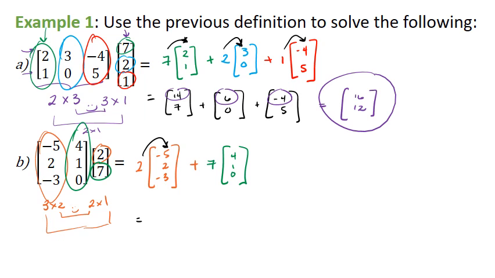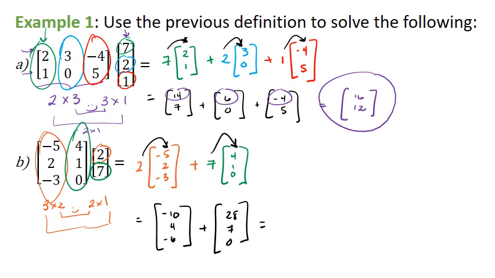Apply the scalars to get -10, 4, -6, 28, 7, and 0, and then add the corresponding entries to get 18, 11, negative 6. Okay, so that is basically applying the definition AX equals B.